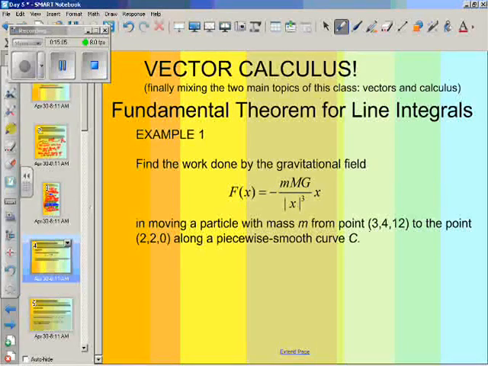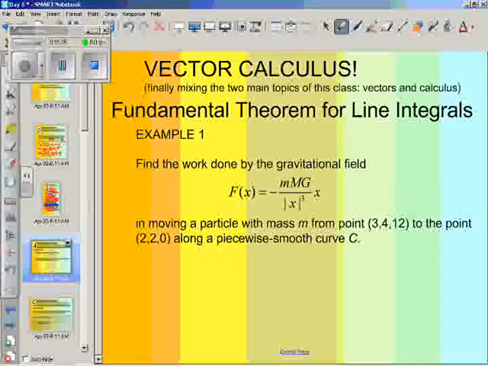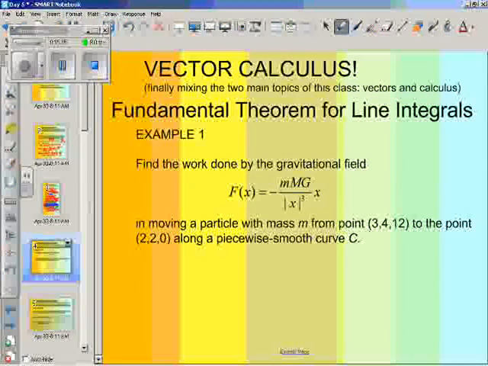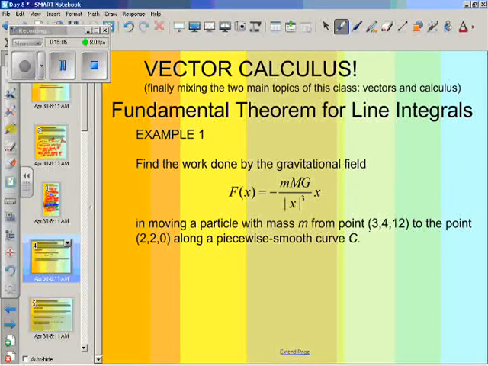Here, this x represents a vector, so x is x, y, z.